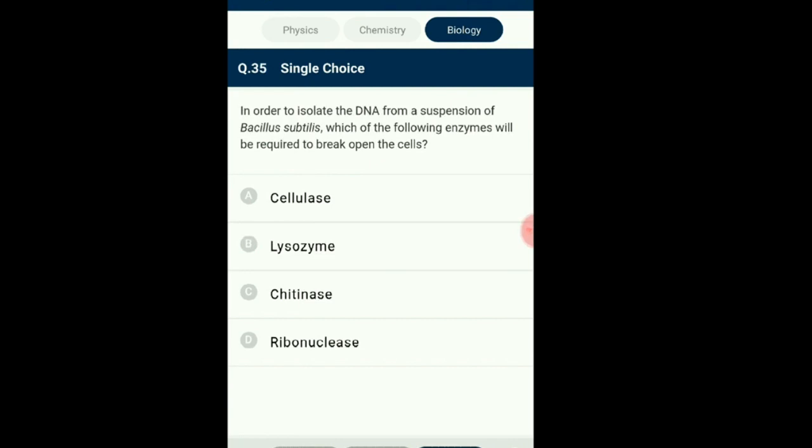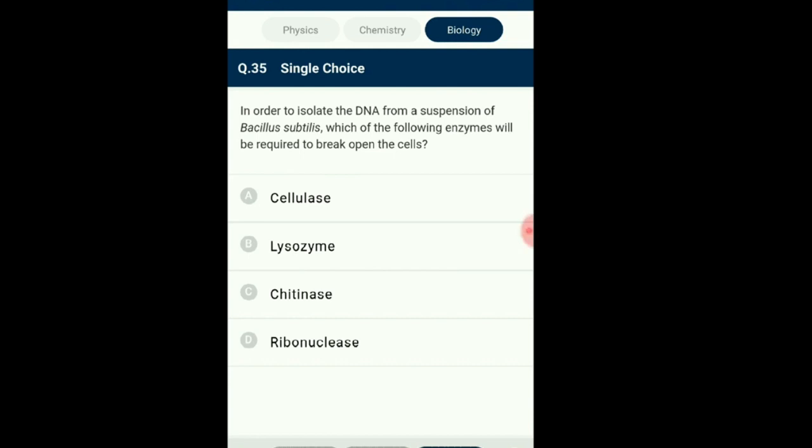Question number 35. In order to isolate the DNA from a suspension of Bacillus subtilis, which of the following enzymes will be required to break open the cells? In order to cut the DNA with restriction enzymes, it needs to be in pure form, free from other macromolecules. Since the DNA is enclosed within the membranes, we have to break the cell open to release DNA along with other macromolecules such as RNA, proteins, polysaccharides and also lipids.